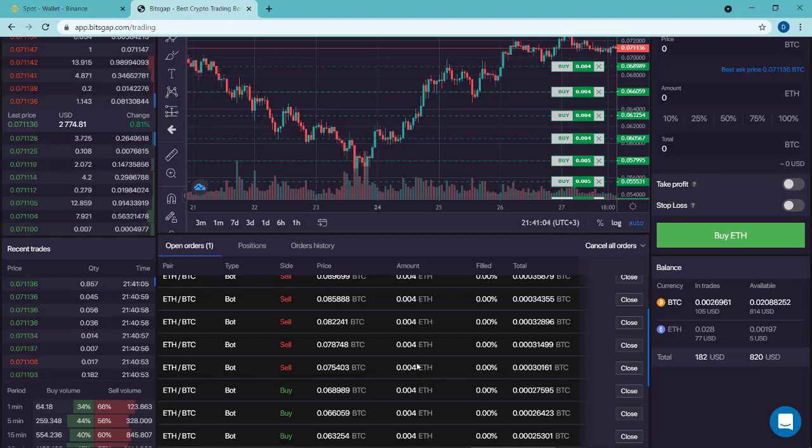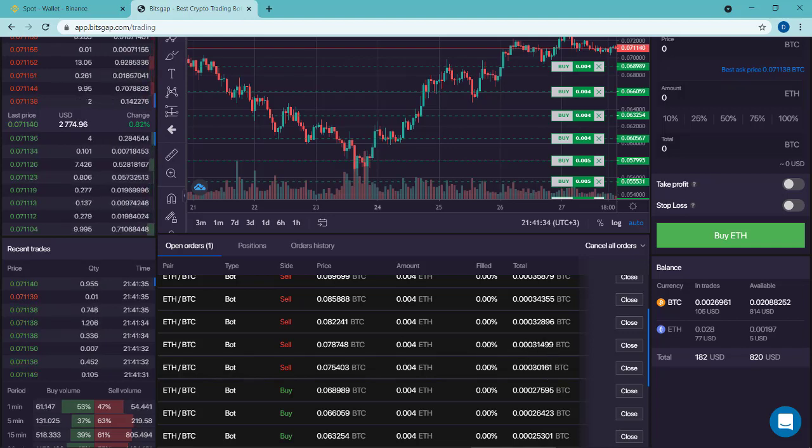Ethereum's worth of Bitcoin, which will come out to be 0.003 Bitcoin, and when the value goes even higher to 0.0787848 Bitcoin, I'll sell some more Ethereum. I'll sell another 0.004 Ethereum, and then I'll get even more Bitcoin, 0.0031499.